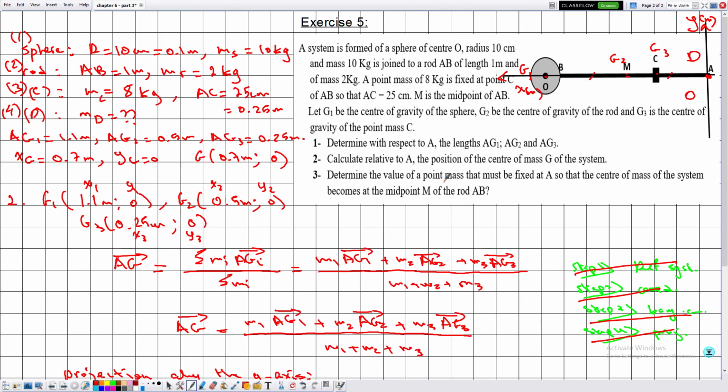We are interested in determining the mass because we know the position.